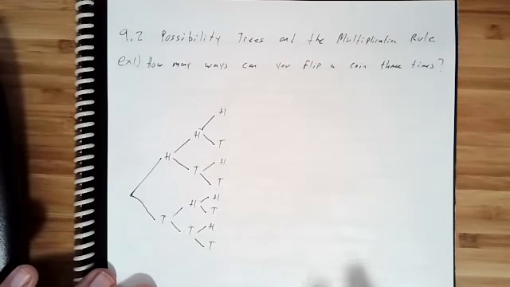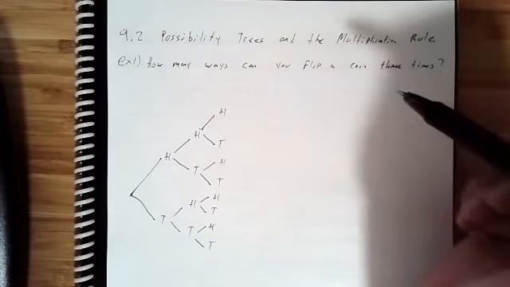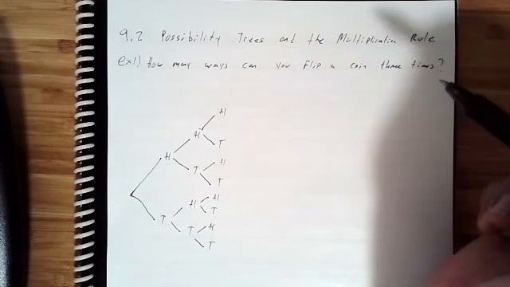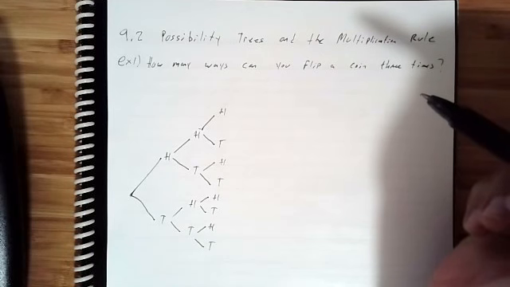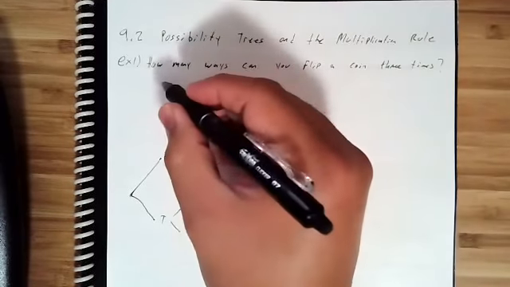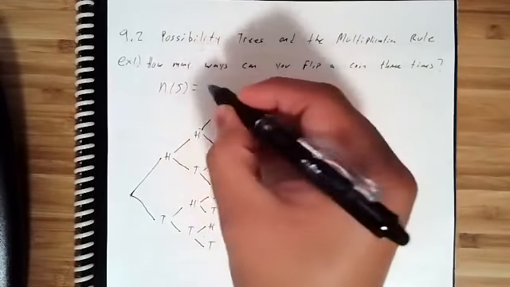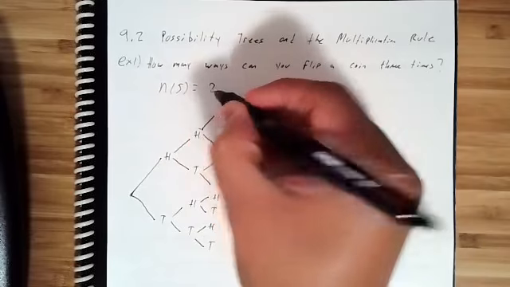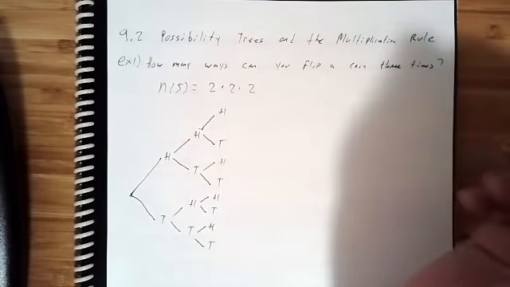Sorry, my drawing's a little crappy there, but the way I want you to think about this is each time I flip the coin, there can be 2 outcomes. So the number of outcomes in S is equal to 2 for the first flip times 2 for the second flip times 2 for the third flip.